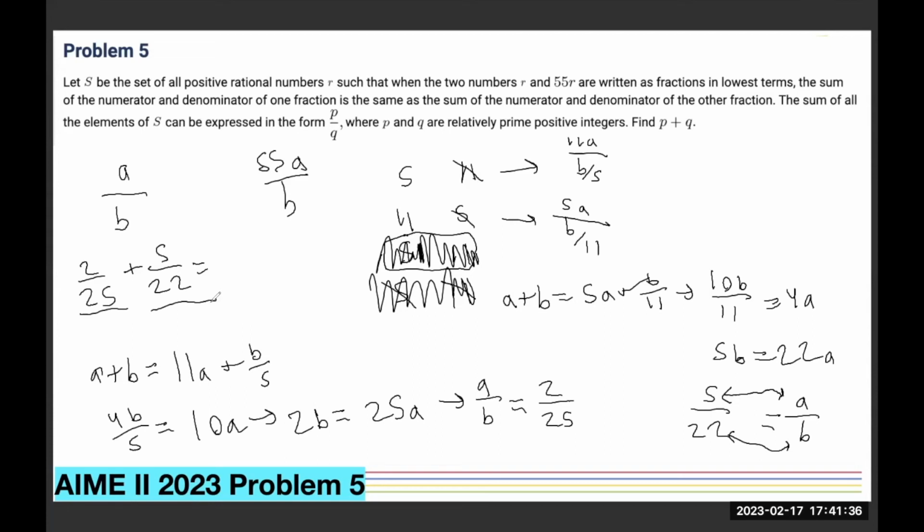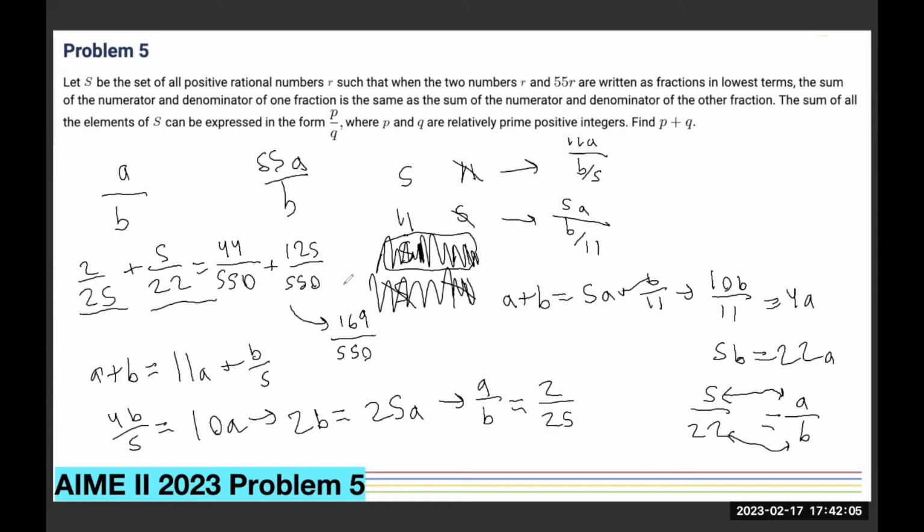Okay, let's be careful with this though, because 22 and 25 have a pretty large least common multiple. So if we multiply these two, we get 550 in the denominator, done by multiplying this fraction by 22 over 22, and this fraction by 25 over 25. By adding this together, we get a total sum of 169 over 550.